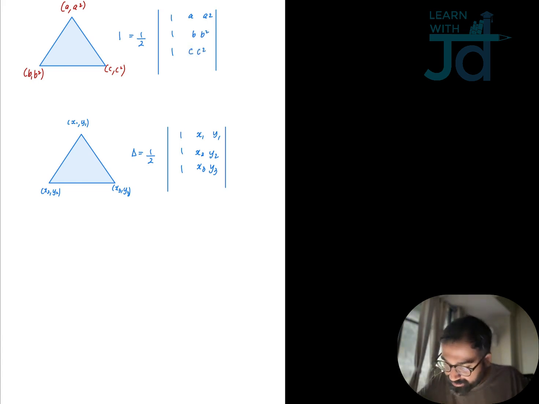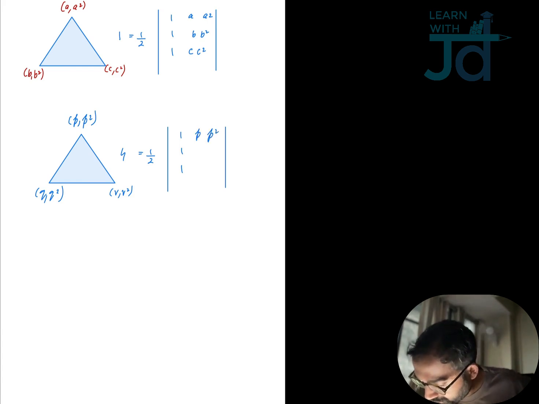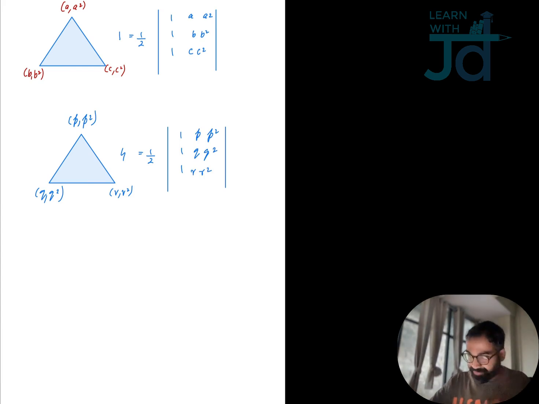Okay. Similarly, for the next one, we have P square, Q square, and R square, and here the area is 4. And here you can directly write the same thing, P square, Q square, R square. Okay.